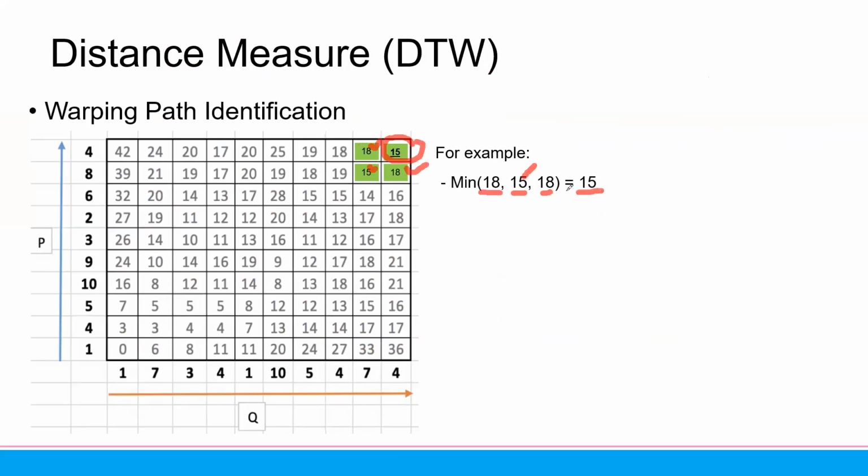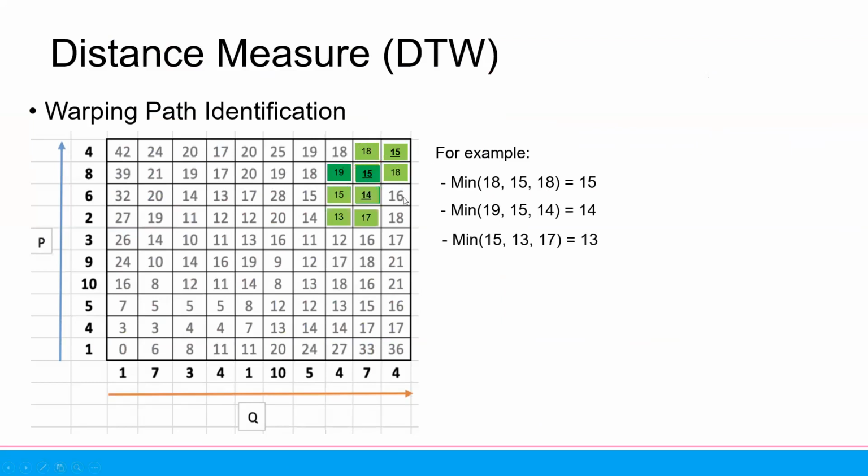So we select 15 and we go to the next value, 15. And again, we will check where is the minimum of the surrounding of this 15. We have 19, 15, and 14. So the minimum is 14. Then we select 14 for next.